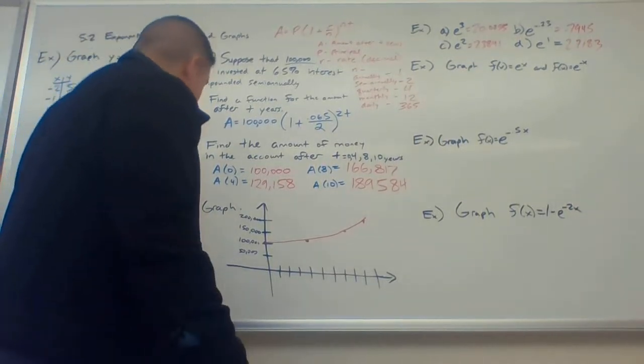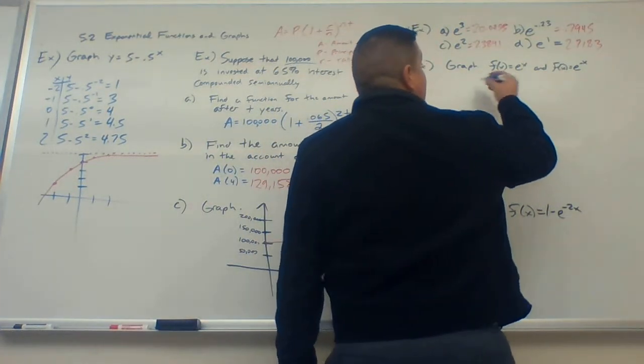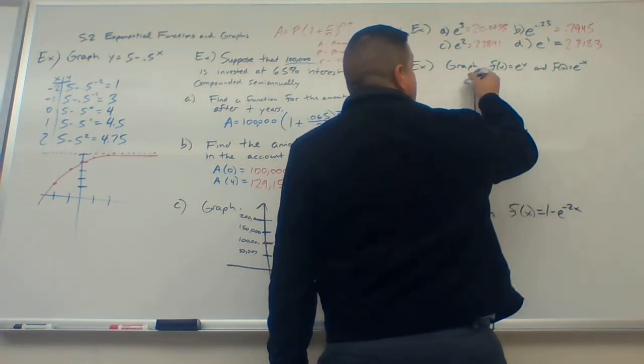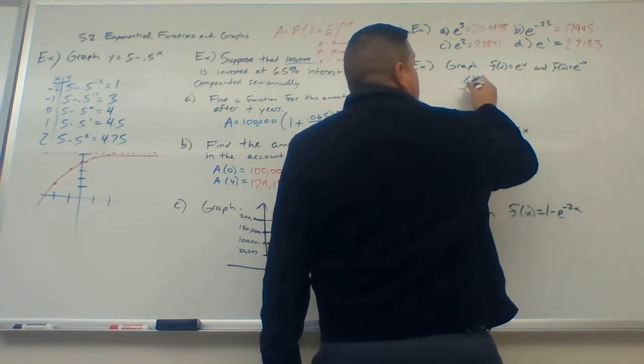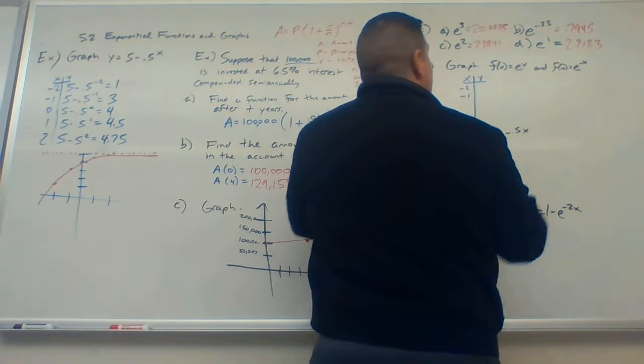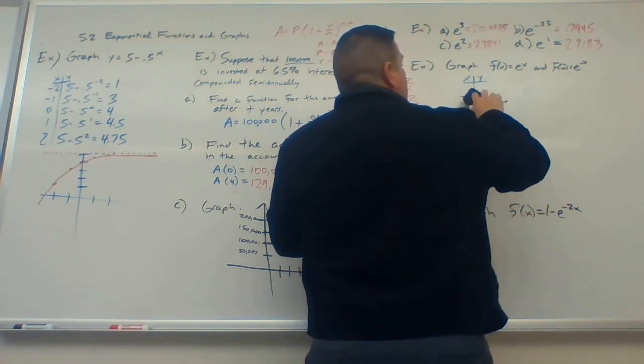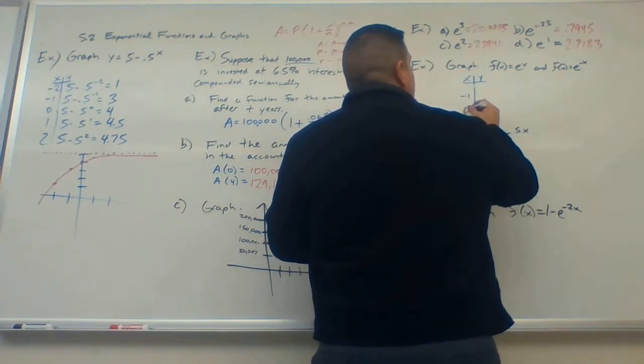Okay, so to graph e to the x, we're going to want to make a table. Not negative 2, we can try negative 1, 0, and 1.